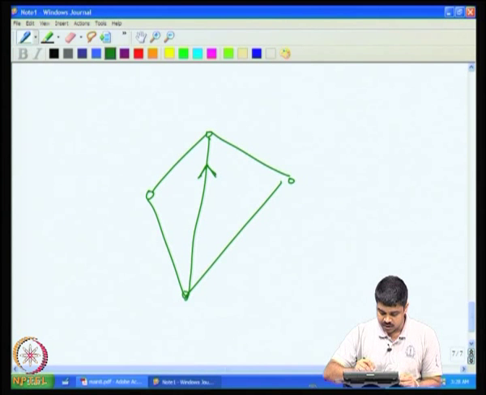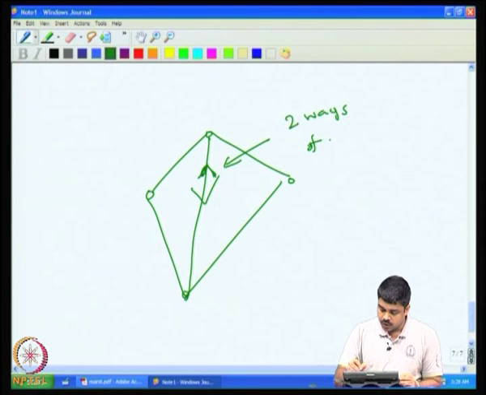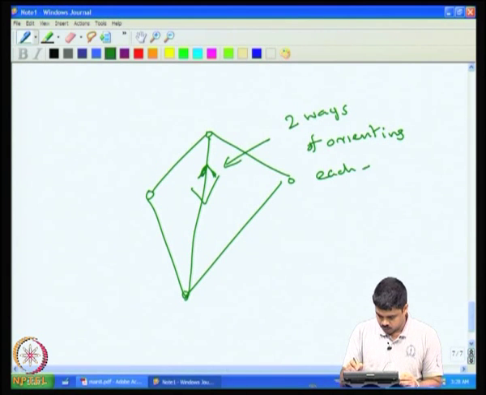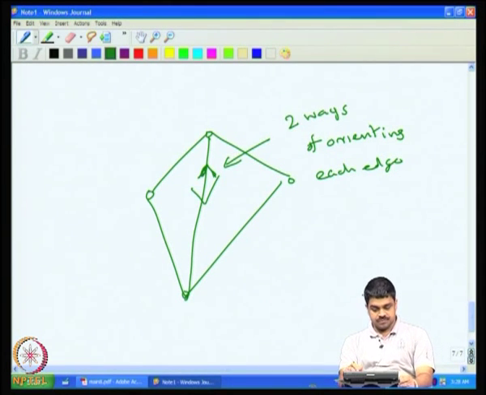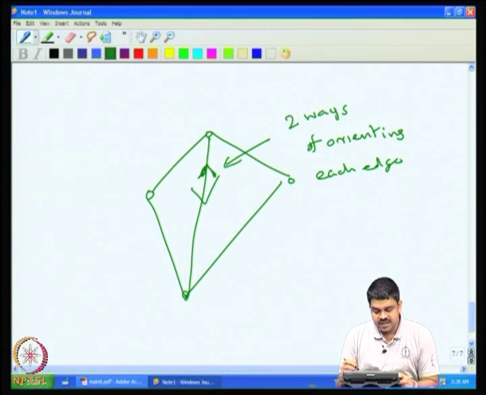This can be oriented this way or the other way. So there are two ways of orienting each edge, so there are 2 to the power number of edges ways of orienting it. So there are several directed graphs which can be formed from an undirected one. Some of them may be the same, but we can get several directed graphs from one undirected graph.